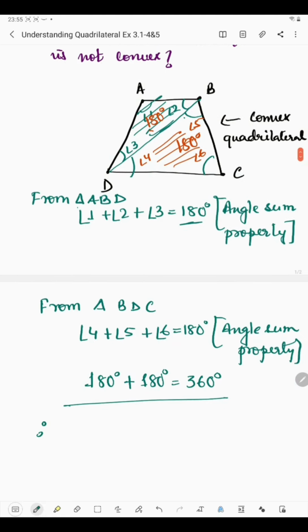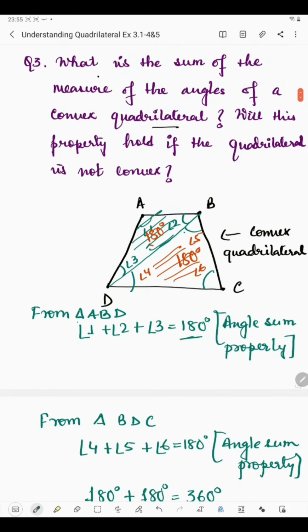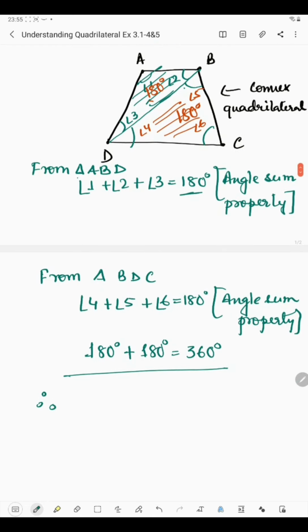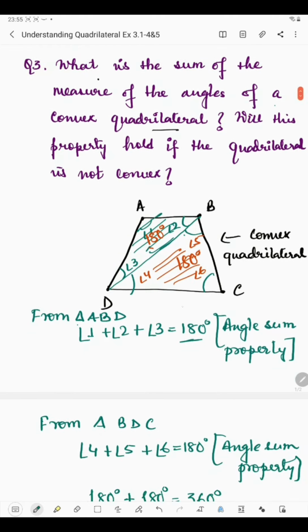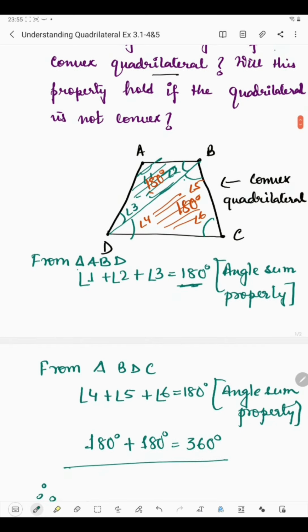So we'll write, the question was, what is the sum of the measure of the angles of a convex quadrilateral? So how did we get this? At first we just divided the quadrilateral into two halves. Now each part is in the shape of a triangle, and we know that the sum of angles of a triangle is 180 degrees. From triangle ABD we have got 180 degrees, and from triangle BDC we have got 180 degrees.